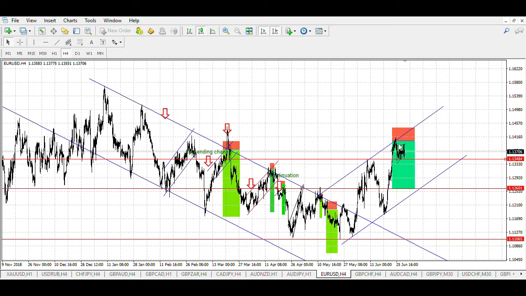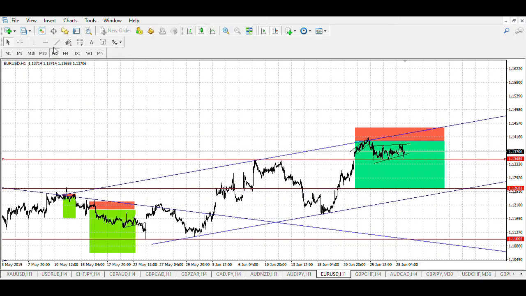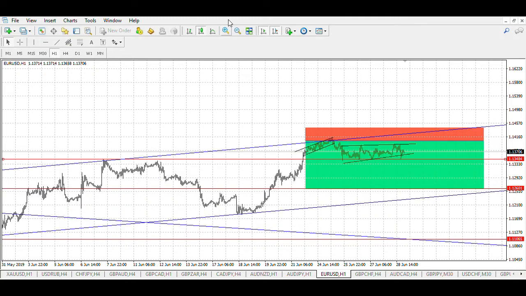As you can see, price is stalling over this area, which is the neckline. What we had last week, we had this ascending channel towards the resistance, and we had price falling down to this area, which was not bad. It was actually a good trade.